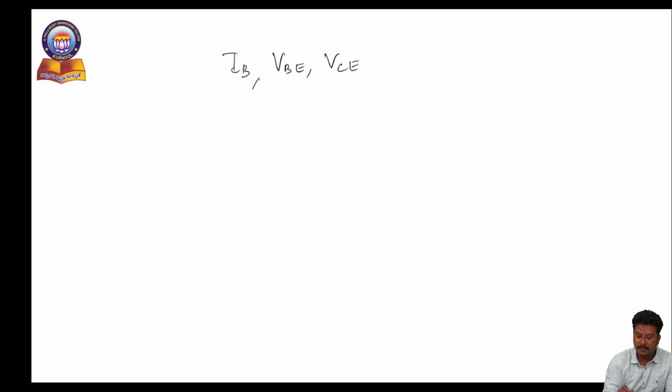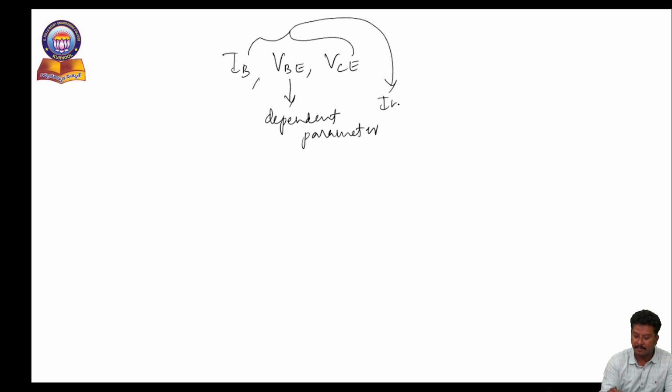So from the input characteristics, we are concluding that this is a dependent parameter. This dependent parameter, and these two are independent parameters. These two are independent parameters.